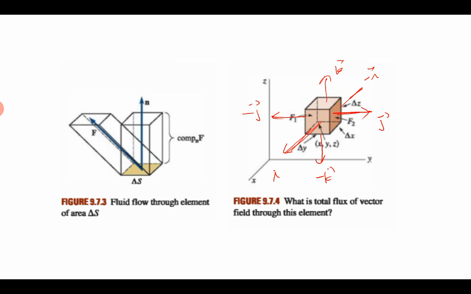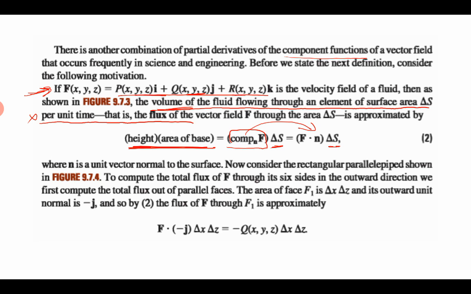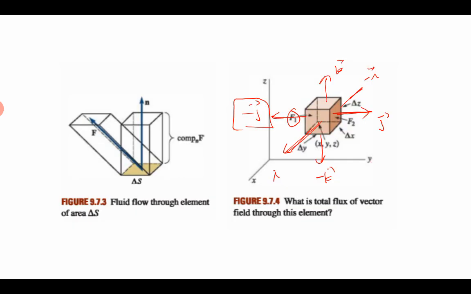So since we are dealing with this face, the outward normal vector is negative j. So F dot product with negative j, that is what is given here, which will give you only Q. j dot negative j will be negative, so negative Q, and for this surface the area is z and x, isn't it?